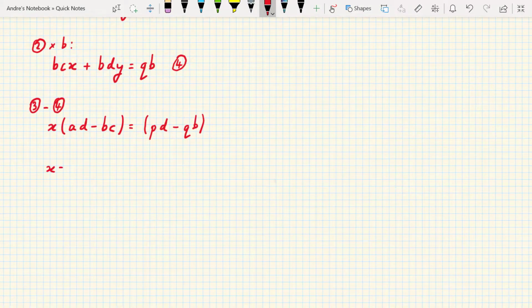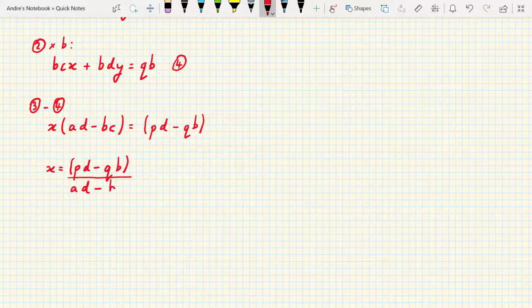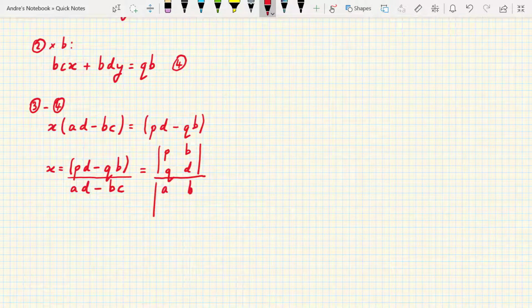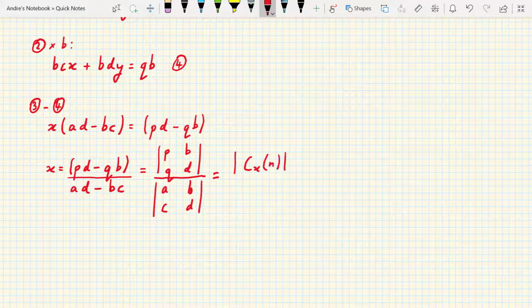So x equals PD minus QB over AD minus BC, which we can write as the determinant of PBQD over the determinant of ABCD. We can write this as the determinant of CXN over the determinant of C.